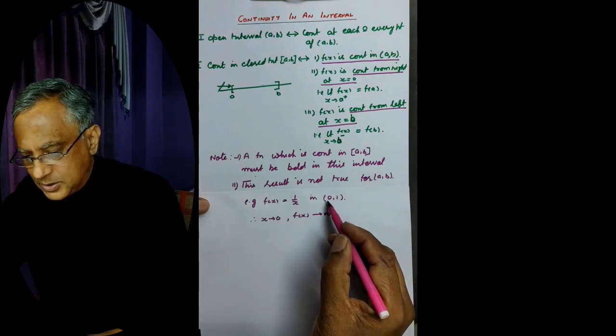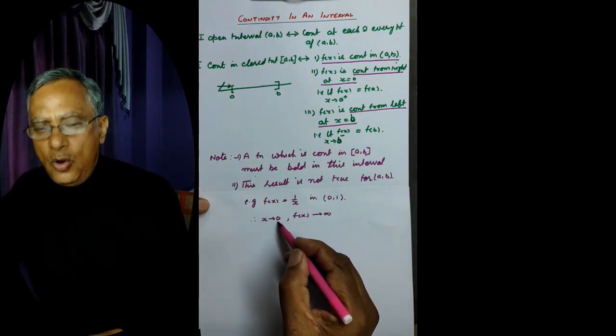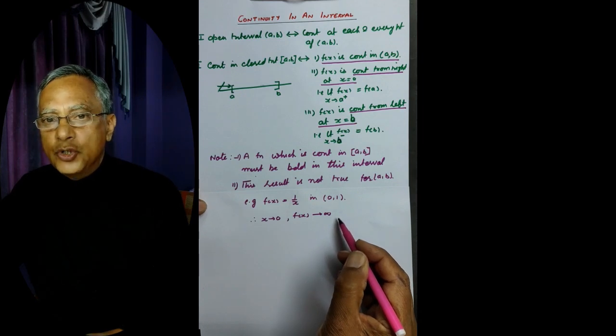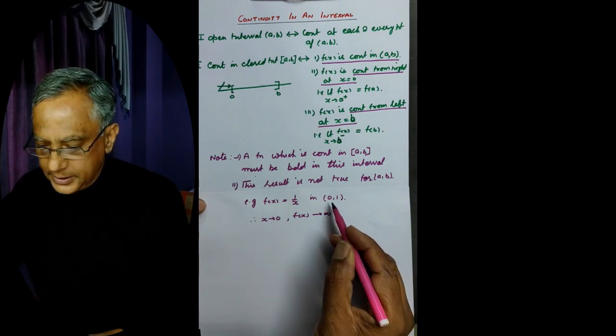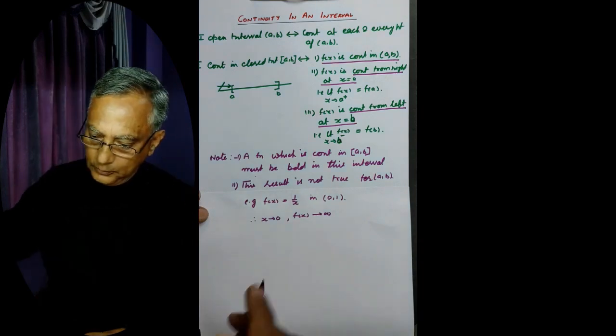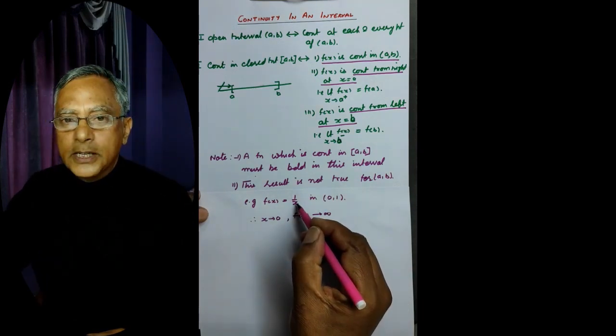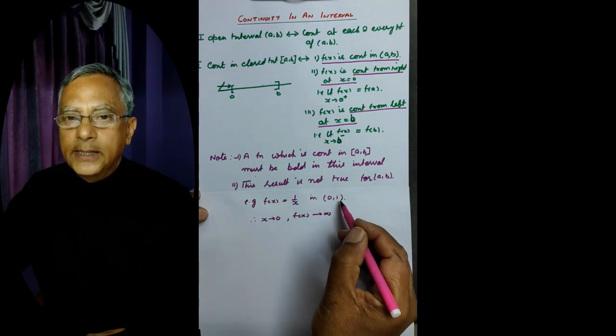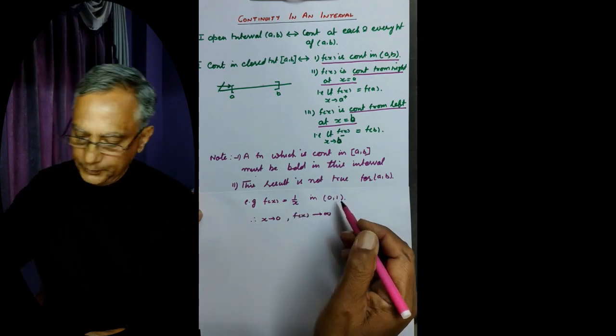So at points very close to 0, this function will tend to infinity. Therefore, it is not bounded. It is continuous but not bounded. Only point of discontinuity of this function is x equal to 0, but 0 is not in this interval.